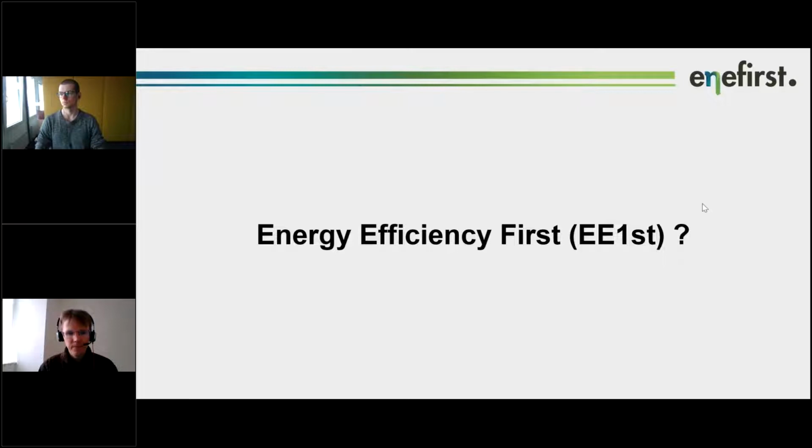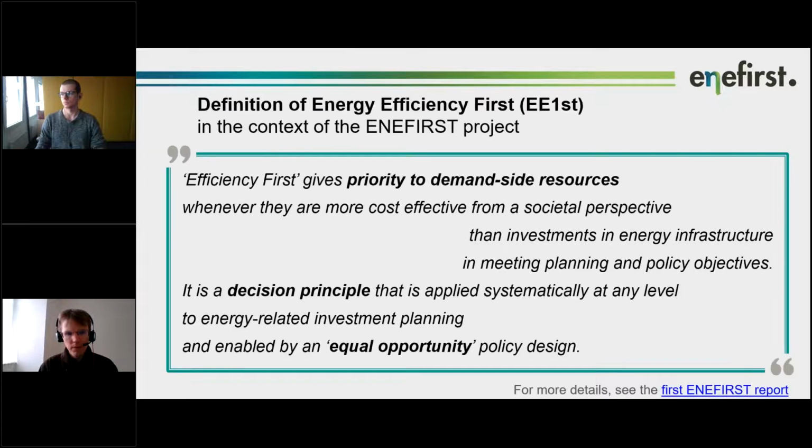Within the project, in addition to the definition that you probably know from the governance regulation for the Energy Union, we specified the principle a bit more to highlight some key components from our own analysis of the background of this principle. So one is that it is a decision principle.